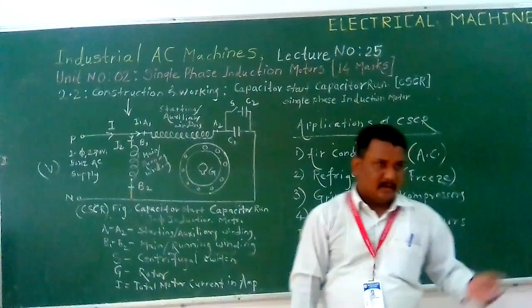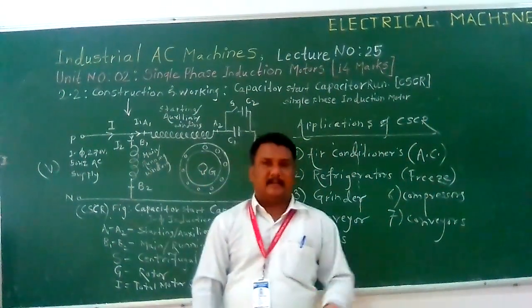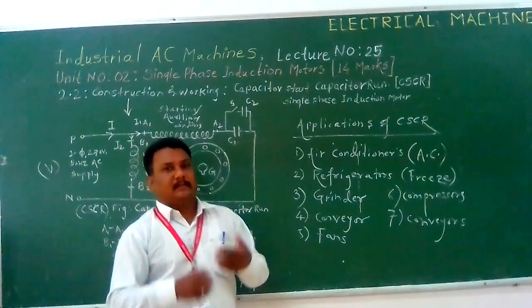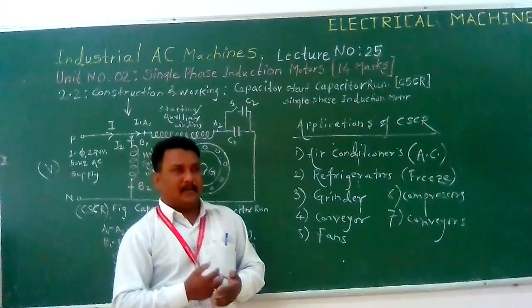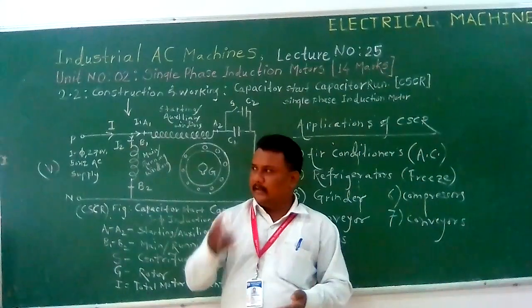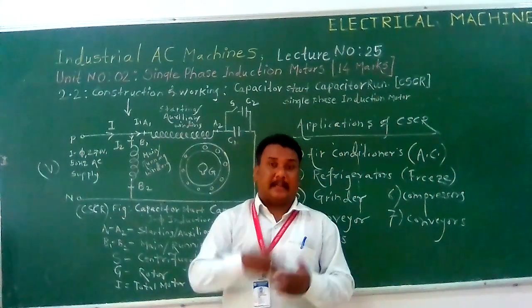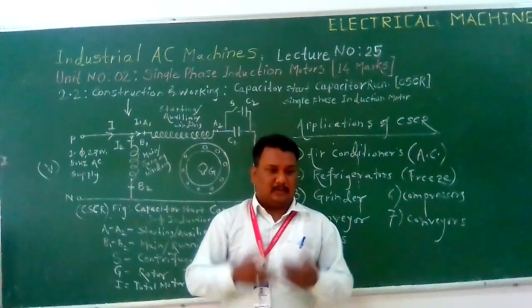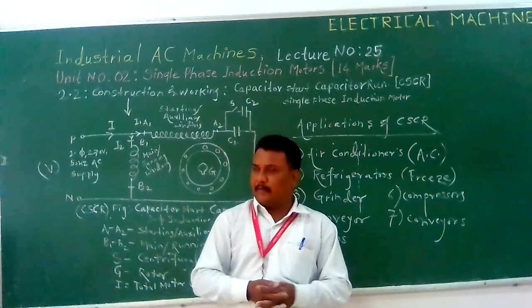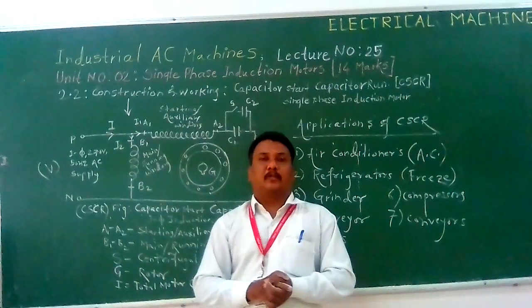Applications are in different types of air conditioners, refrigerators, fans, blowers, then compressors, conveyors, grinders. In these types of applications, the single phase induction motor, the capacitor start, capacitor run, is used. So this is the most important type of induction motor, and it's used for agricultural purposes also.